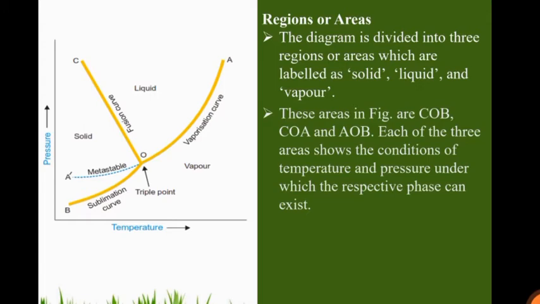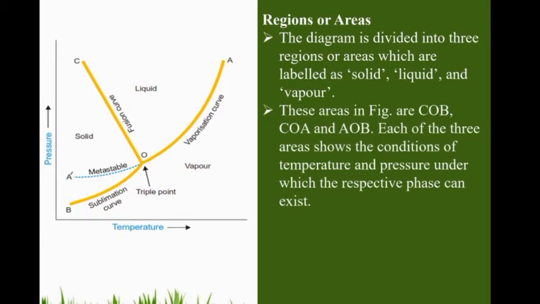Now let's talk about the regions or areas. The diagram is divided into three regions which are labeled solid, liquid and vapor. Any point in the region marked as solid, or specifically as ice in the case of water, corresponds to conditions for which the solid phase of the substance is most stable.